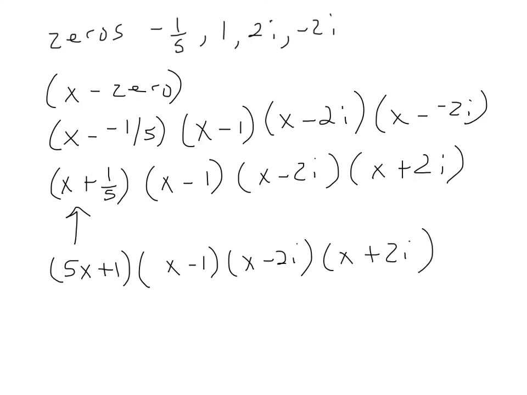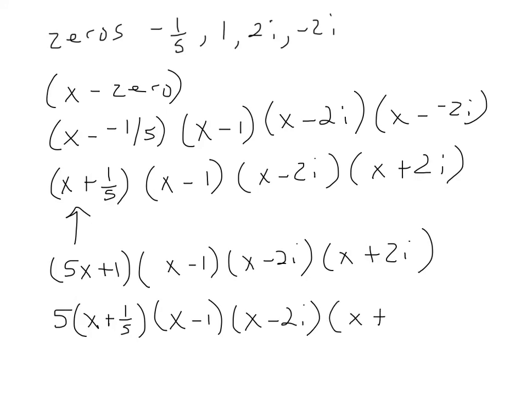So I believe MathXL did this. They put the 5 out in front, and then they had x plus 1/5. And if you distribute this 5 through here, there's the 5x plus 1, which is this right here above it. And so their answer was 5 times x plus 1/5 times x minus 1 times x minus 2i times x plus 2i.